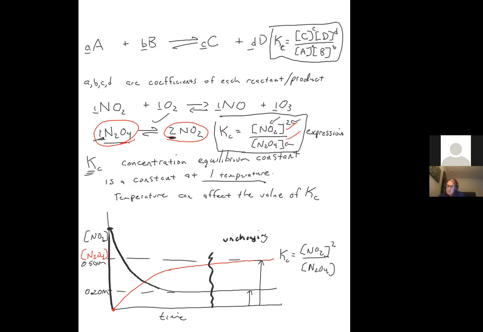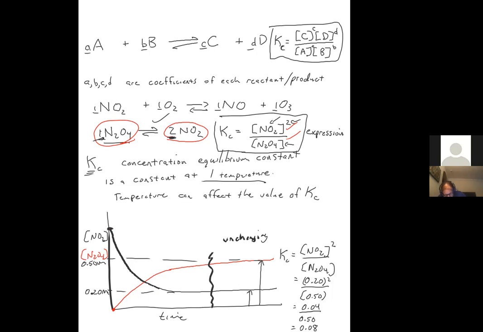I'm just making up numbers here. The NO2 is at 0.2, so 0.2 squared, and then the N2O4 coming up here is 0.5, so over 0.5. So that would be 0.04 over 0.50, which would be 0.08.